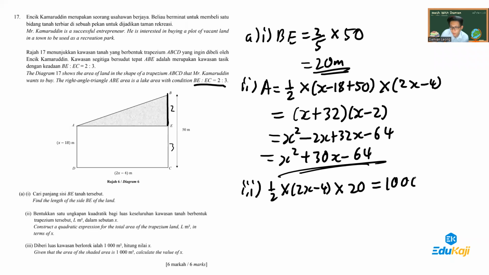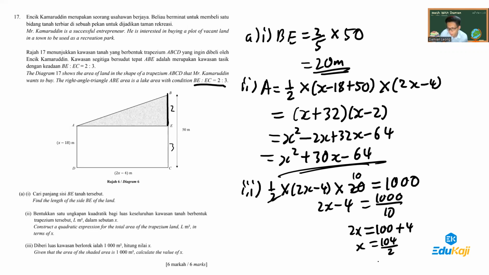Equals to 1000. So cut here 10, bring over 10, divide by 10. 2x minus 4 is 100. Bring over the 4 plus 4, 104. X will be, bring over the 2, divide 2, so it's 52. So yeah, X is 52. Okay, that's part A.